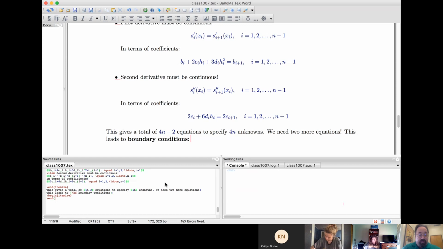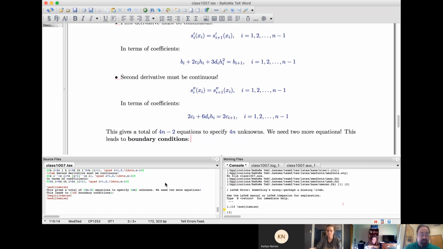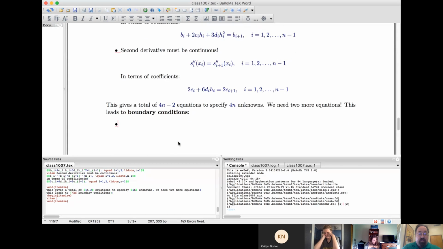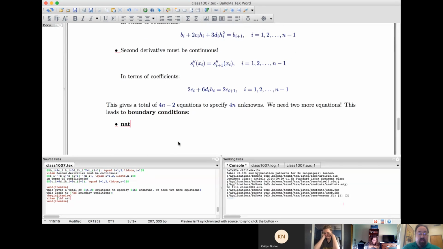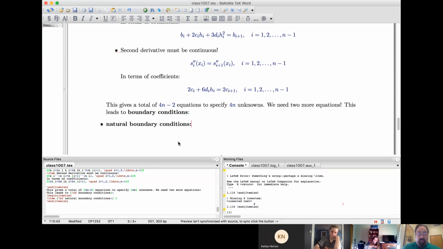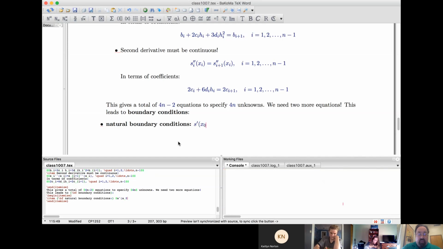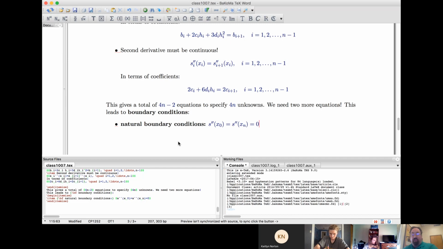So here are some examples of boundary conditions. The first is natural boundary conditions. And that just stipulates that the spline as a whole, its second derivative at x naught and at the right endpoint, xn, must be 0.